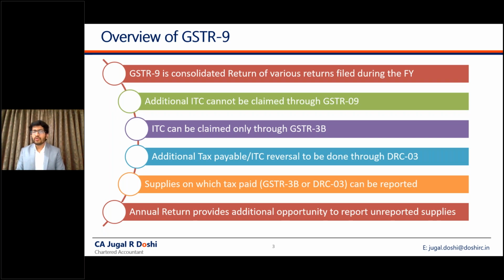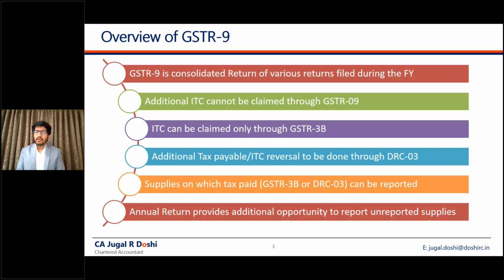It can be claimed only through GSTR3B. Any additional tax payable cannot be paid through GSTR9. It can be paid through DRC03. ITC reversal can also be done through DRC03.